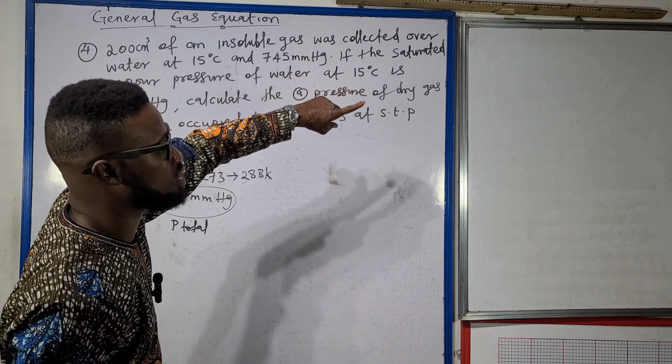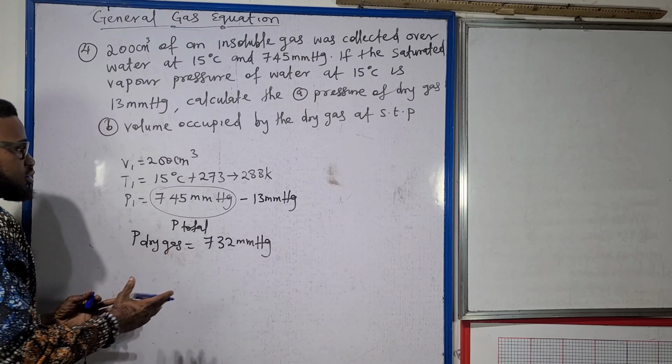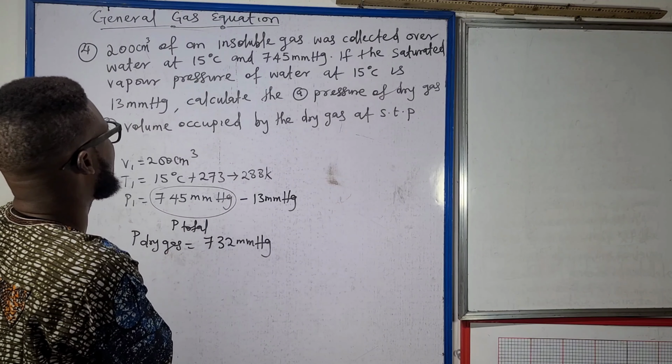If the saturated vapor pressure of water at 15 degrees Celsius is 13, we need to remove the saturated vapor pressure of water here, and that is the 13 millimeter mercury, so that the pressure of the dry gas is 745 minus 13, that is 732 millimeter mercury.